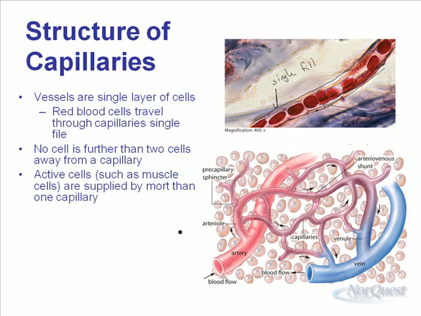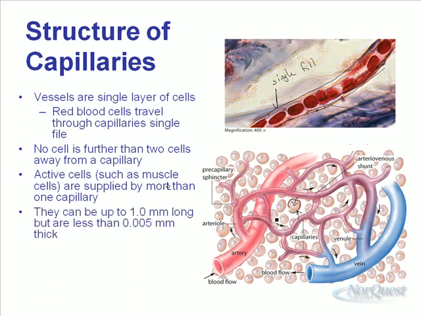Active cells, such as your muscle cells, are often supplied by more than one capillary bed, or more than one capillary. So, for example, if we take a look at this diagrammatic picture, this cell here is going to be getting oxygen and nutrients from this capillary, and oxygen and nutrients from this capillary. It's supplied by more than one because it's so close to both.